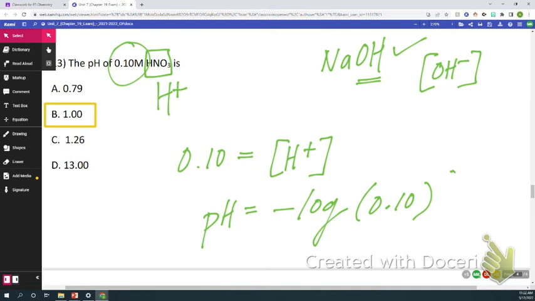So in a problem like this, just look to see what you have. Oh, they gave me H. That's H plus. This number is H plus. If they give you NaOH or whatever, this number is OH minus.